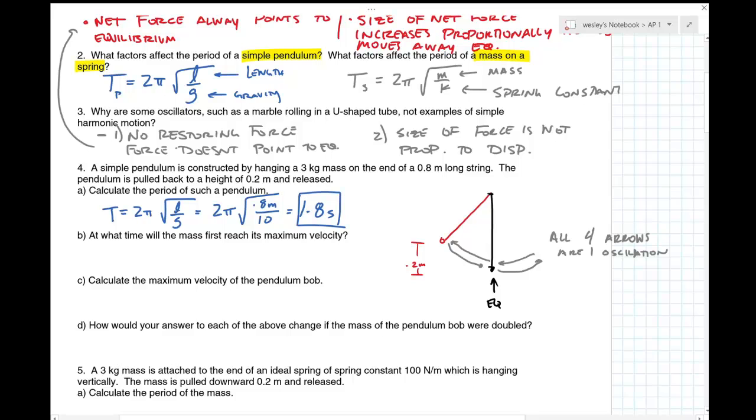At what time will the mass first reach its maximum velocity? Well, it starts off at rest, and by the time we get to equilibrium, it'll have maximum velocity. And this is something to keep in mind. The maximum velocity is always at equilibrium.